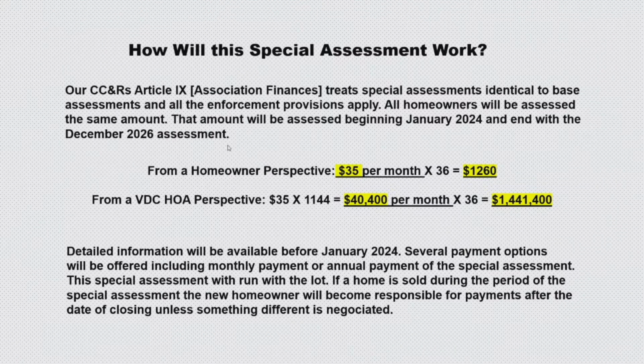From an HOA perspective, $35 times 1,144 homes is $40,400 a month, times 36, $1,441,600. We'll have detailed information available. It looks as though what we'll be able to do is offer about any plan you want.